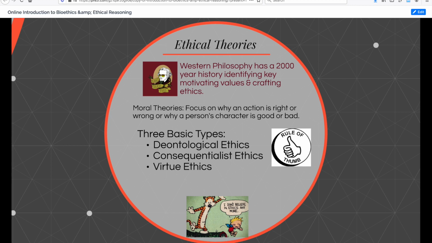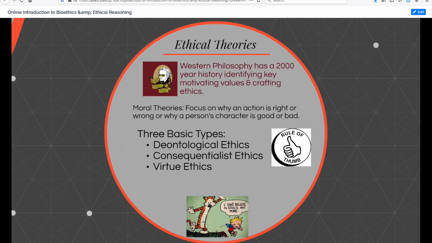Well, the first component of bioethics, hence the ethics in bio, right, includes 3 different types of ethical theories. And these are important because several stakeholders will come to the table holding values that are aligned with one of these 3 basic positions.